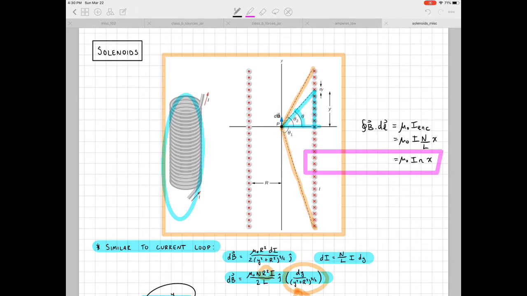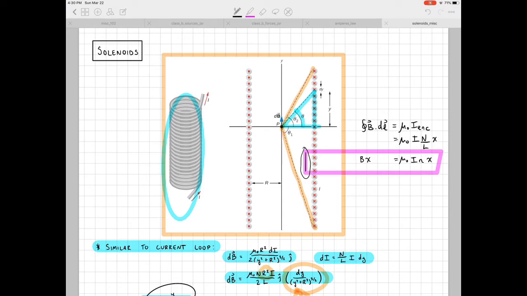Well, in here, we are the same distance away from these current carrying wires, and so B is going to be constant. And the length there is my length x. So that's this portion of the path integral.